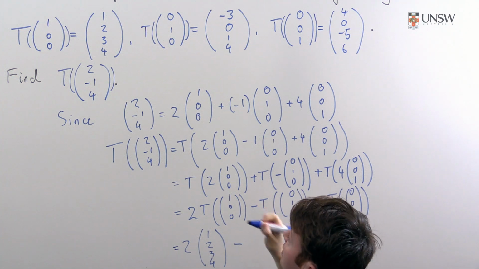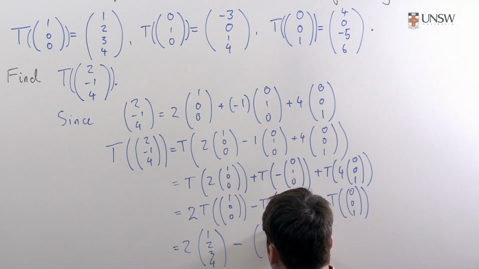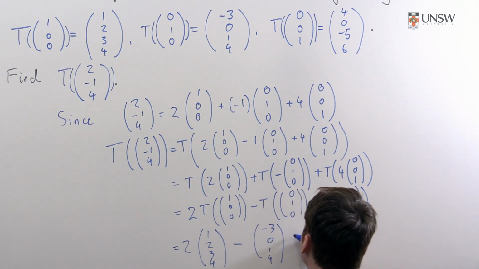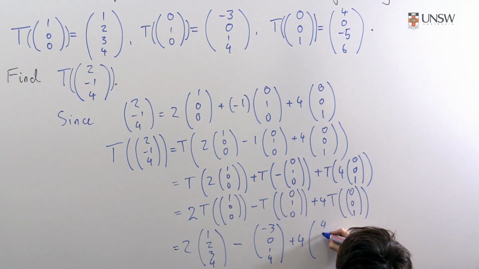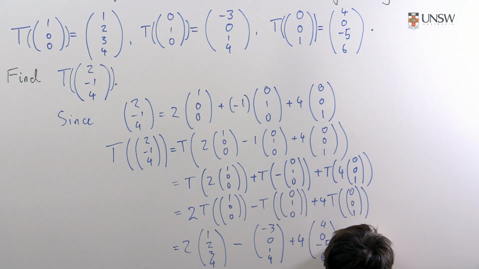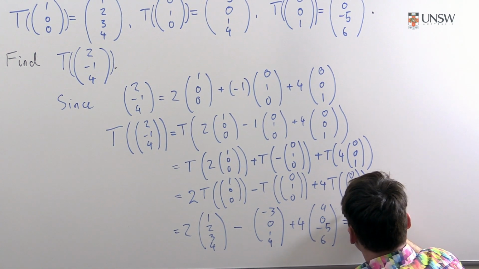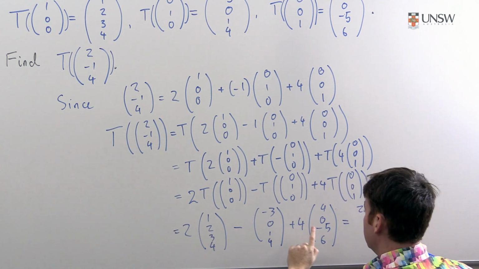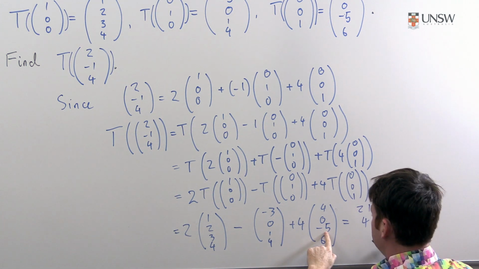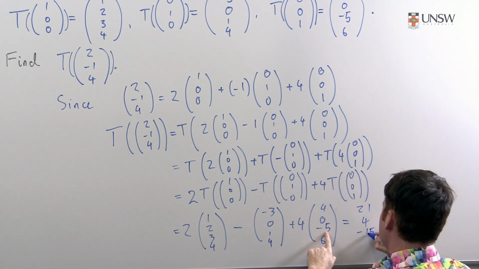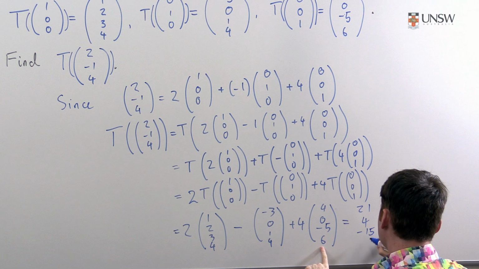And I know what T does to the second standard basis vector. It sends it to (-3, 0, 1, 4). And I know what T does to the third standard basis vector. That's (4, 0, -5, 6). And all up, this is 2 plus 3, which is 5, plus 16, which is 21, 4, 4, 6, minus 1 is 5, minus 20 is -15, and 8 minus 4 is 4, plus 24 is 28.